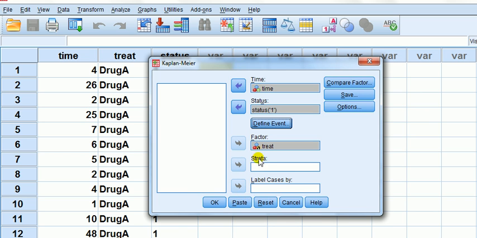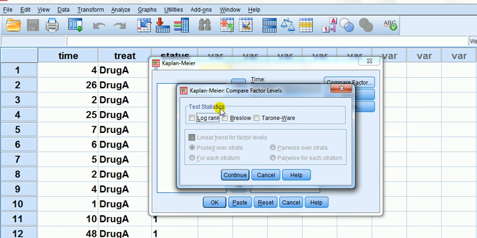There are a whole lot of other options, but we don't need them, like strata or anything like that. That's for more advanced cases. Now we can go on here because we have a factor with 4 levels, and we want to be able to compare. This is part 2 of the analysis, and we're doing it all in one here. We want to compare the survival curves, so we go to compare factor, and here you've got test statistics.